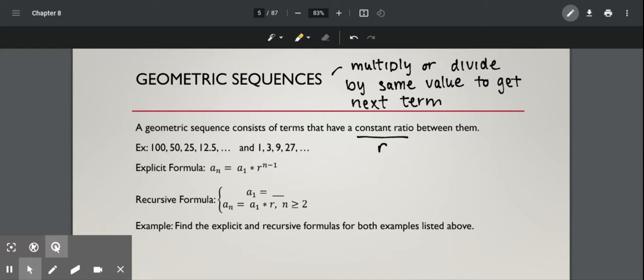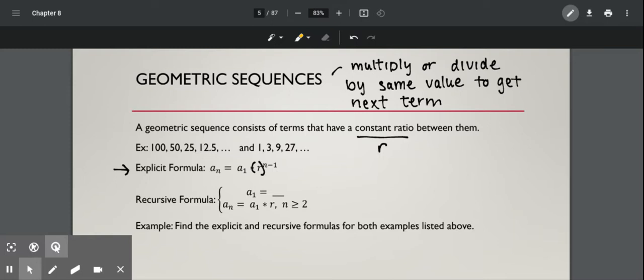So there are two formulas again, your explicit and your recursive. Those are on your formula sheet, so you don't have to have them memorized. And it would probably make sense that the ones that have r's in them go with geometric because the r means ratio. The ones with d's go with arithmetic because the d means difference. All right, so your explicit formula is your first term times the ratio raised to the n minus 1.